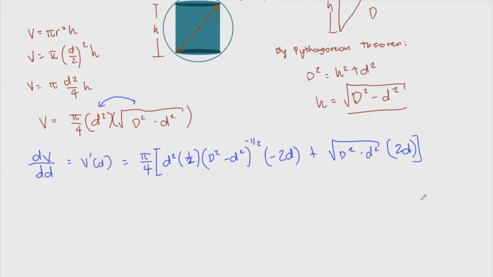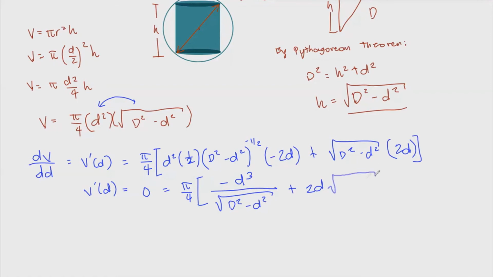And then we move on with the process. So that's V prime of d, and from here on out, we know that we should equate this to 0. So this is 0 and then pi over 4, and then I'll go with simplifying these expressions first. So we cancel 2, and I'm left with negative d cubed divided by the square root of capital D squared minus d squared, and then plus 2d times the square root of capital D squared minus small d squared.